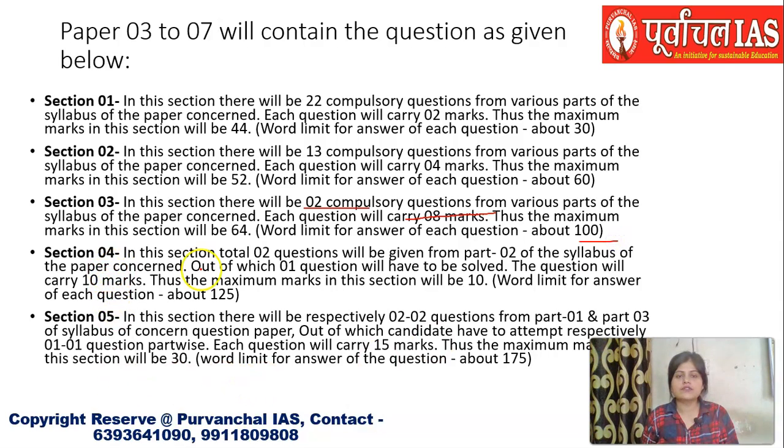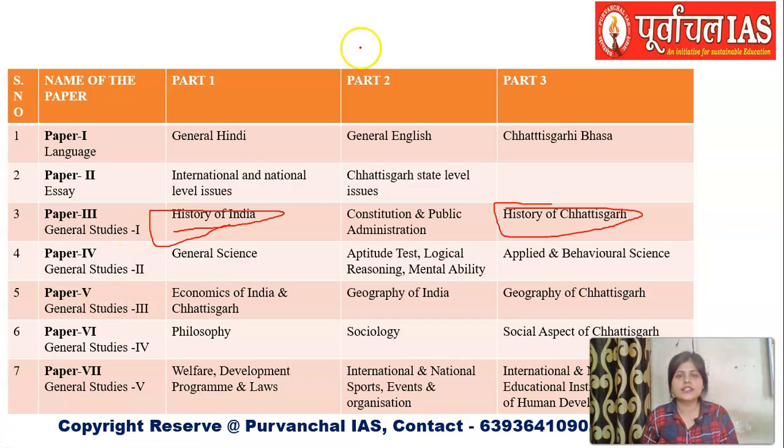As far as section 4 is concerned, there will be 2 questions, but a choice will be given to you, because out of these 2 you are supposed to attempt only 1 question, which is of 10 marks. Section 4 will come from part 2 of the syllabus. That means if we go back to our previous slide, here you can see this is part 2 for all the papers.